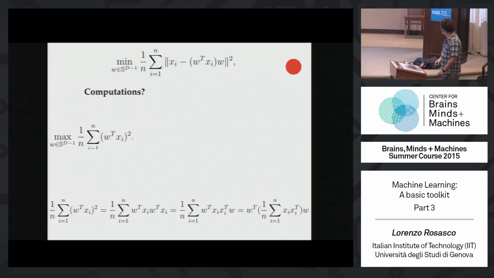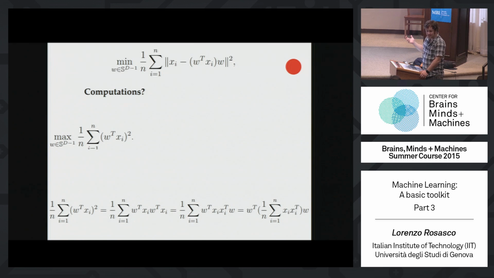So you get w transpose, 1 over n sum of xi xi transpose, w. w transpose xi is just a number. But when you look at something like xi xi transpose, what is that? Just look at dimensionality: d by 1 times 1 by d gives you a number, which is 1 by 1. Now you're doing the other way around, so it's a matrix.